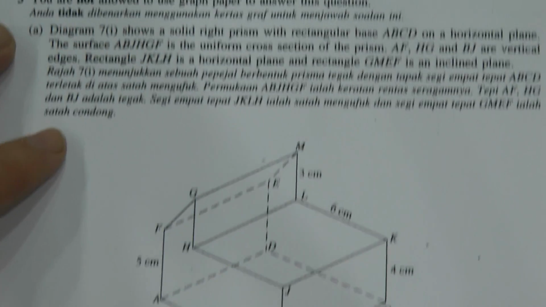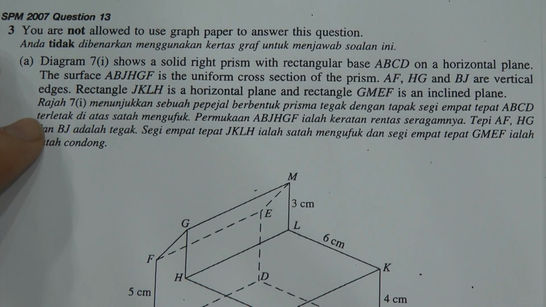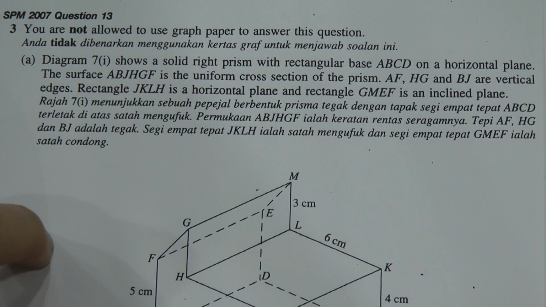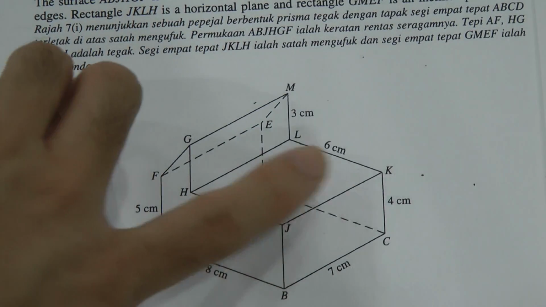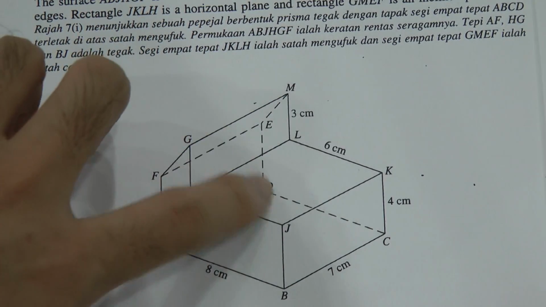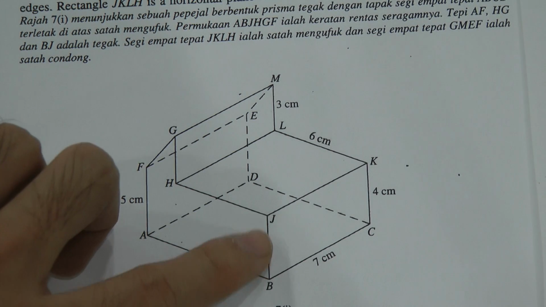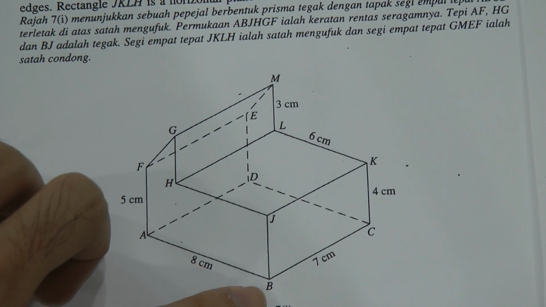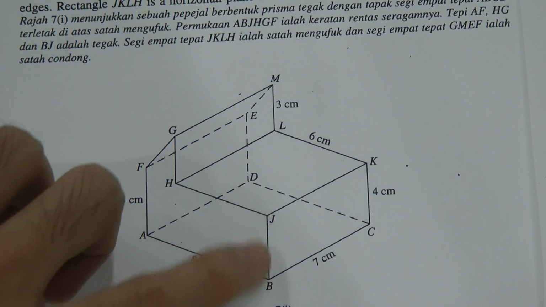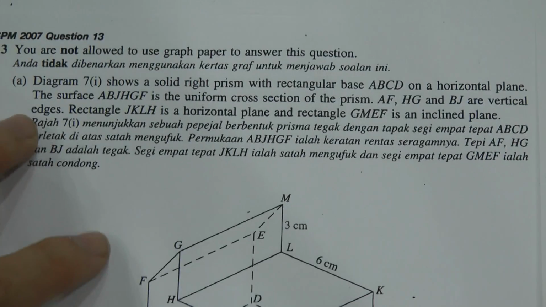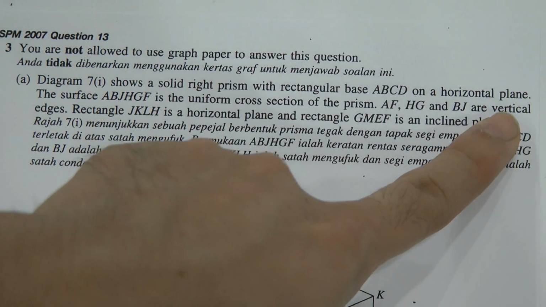What else information is given? He's trying to say AF here, BJ here, and CK are all vertical. Vertical means 90 degrees above, so J is 90 degrees above B.